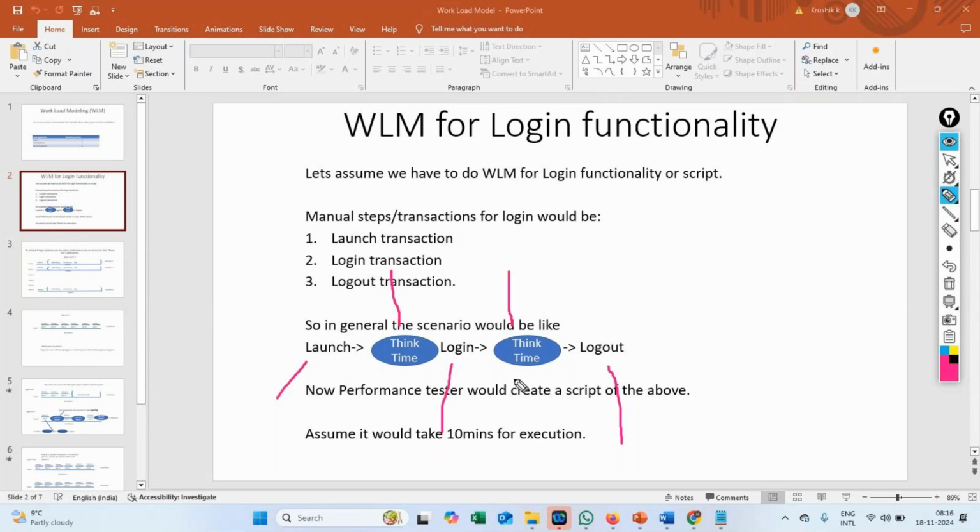Think time. So in general, if you think from a real user perspective, will you perform every action in a fraction of a second on the UI? Generally, it's not possible, right? For example, you want to purchase a television from some website.